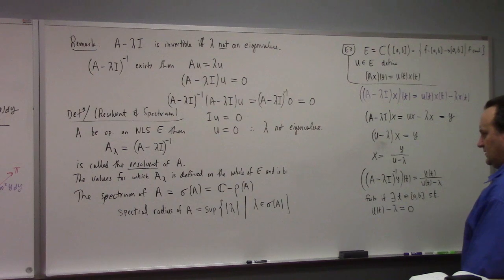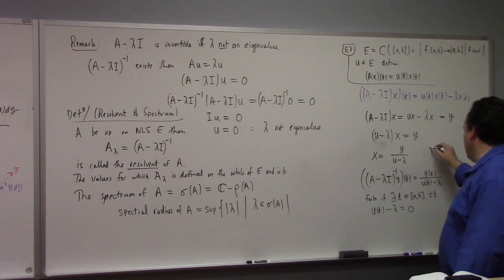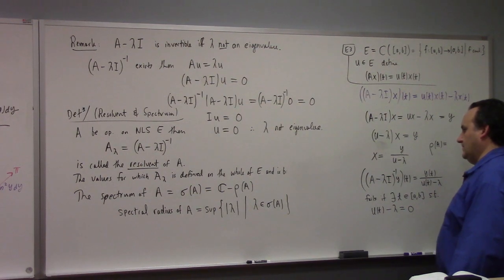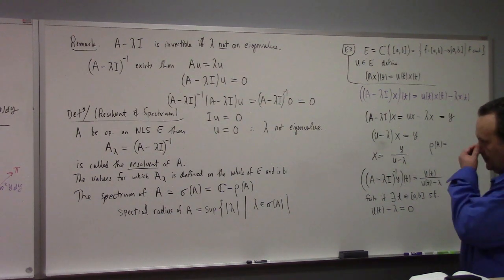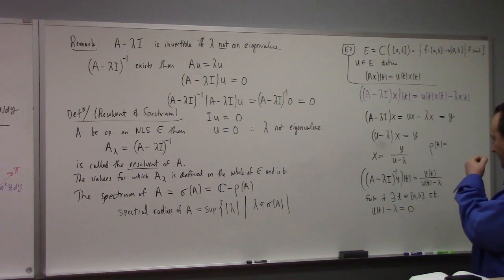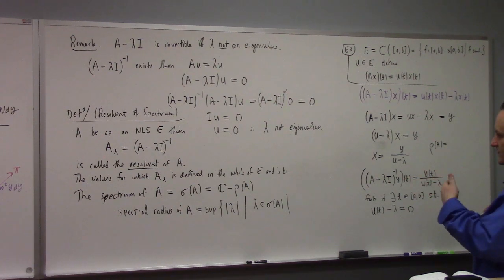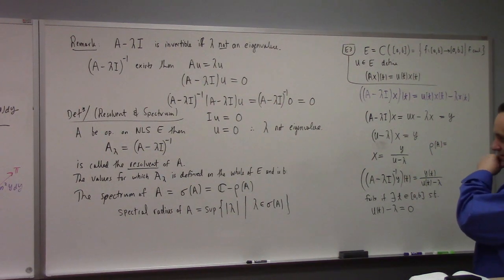Let's see here. The resolvent of A was equal to the values for which the resolvent is defined, right?